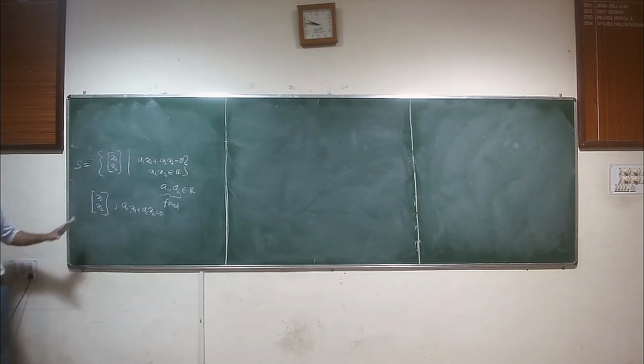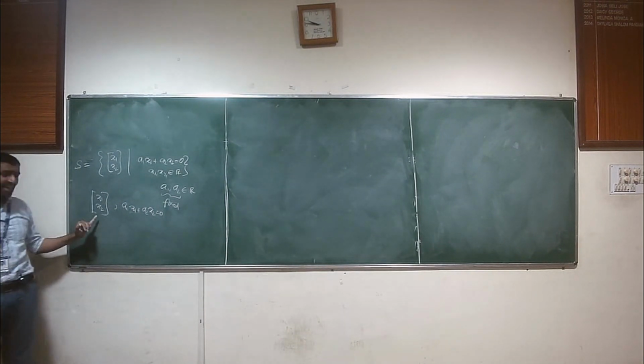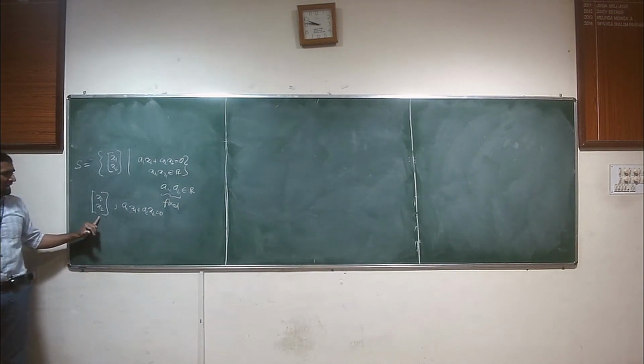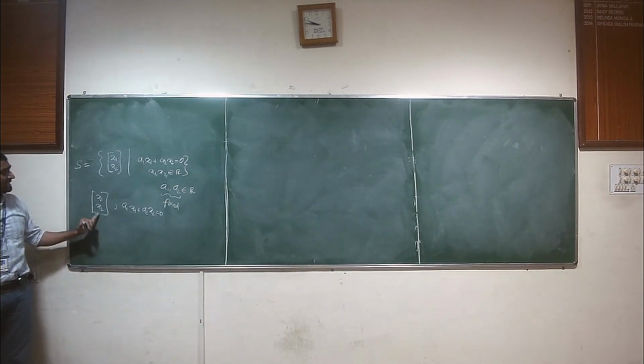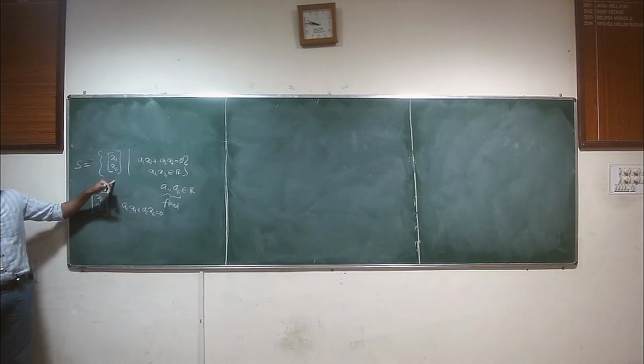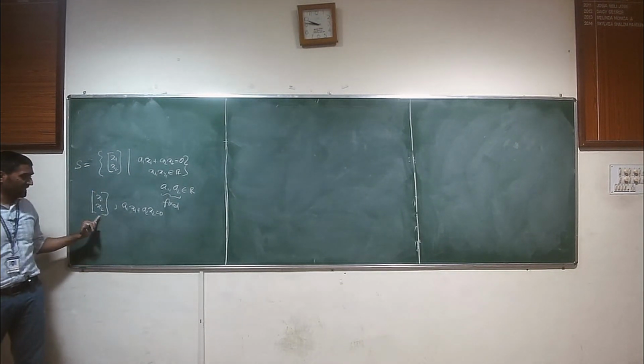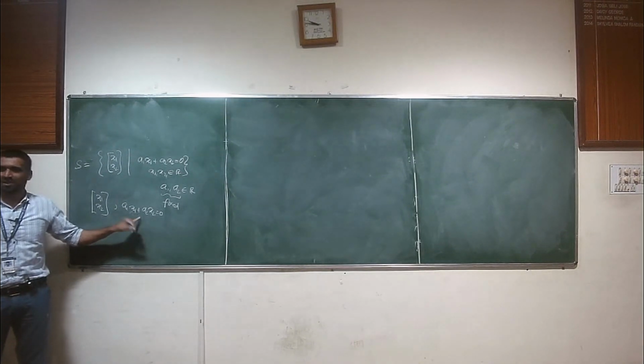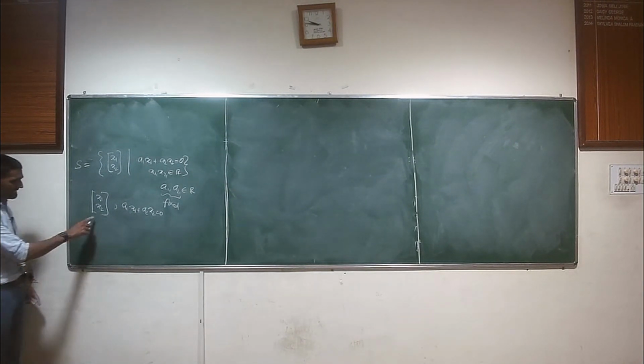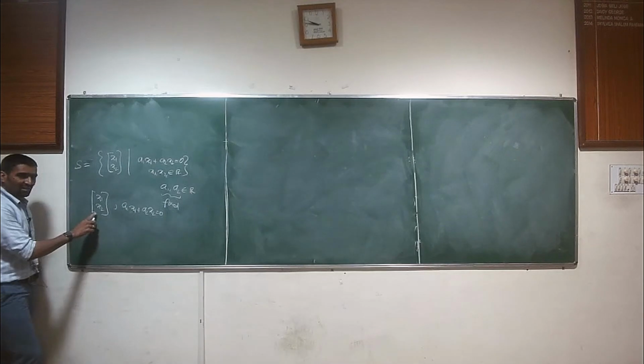Now all I have to verify is if I scale this vector by some alpha, is that alpha times this element still in this set? For it to be in this set, that scaled vector has to satisfy this equation, and that is all we have to verify. What will be the scaled version of this element?